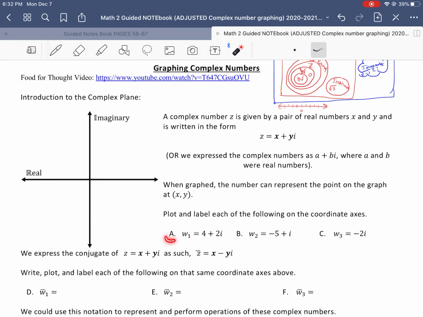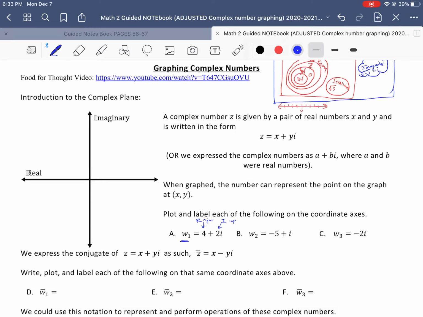So if we wanted to plot, say, a number called w sub 1, complex numbers are often written with z and w, and then we use subscripts to denote different complex numbers. So let's say we want to graph w sub 1 equal to 4 plus 2i. Again, 4 plus 2i means 4 units in the real direction. And because it's positive, we're going to go to the right. Then we will go 2 units in the imaginary axis direction.